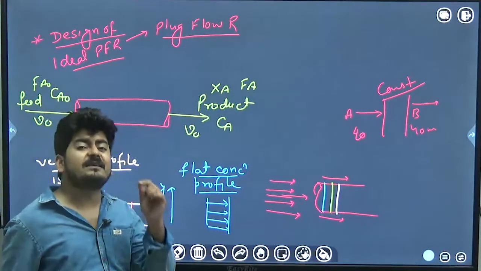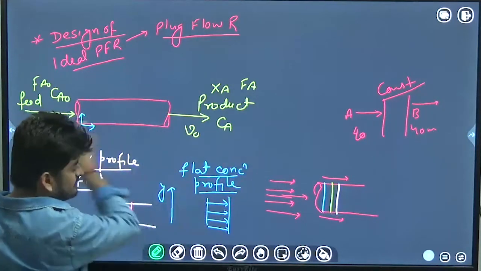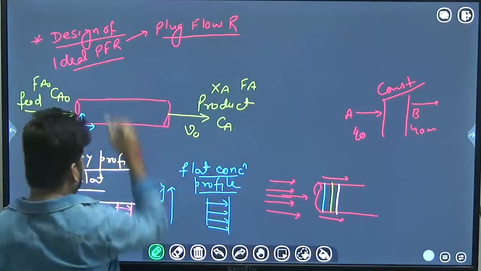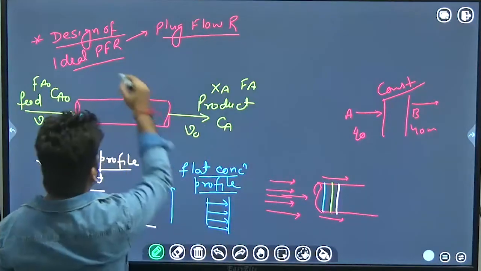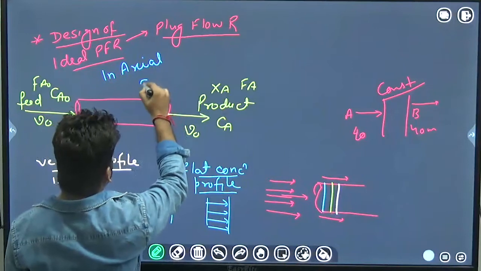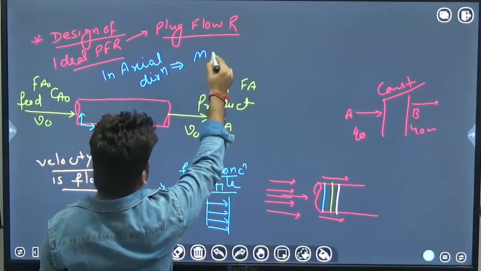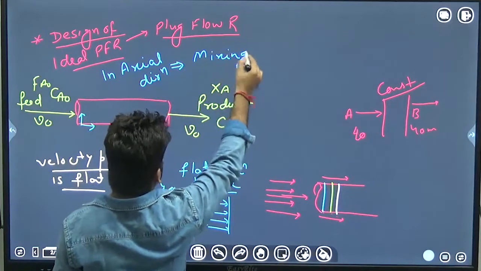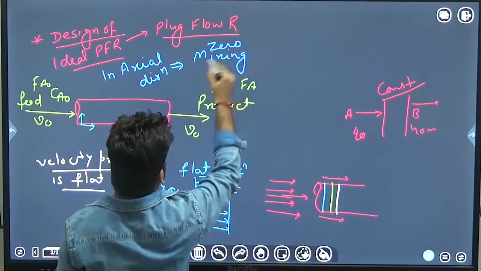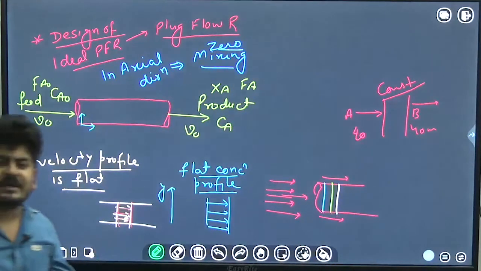And as there is no interaction, it means in the axial direction, throughout the reactor, mixing will be zero. In the axial direction, there will not be any mixing.